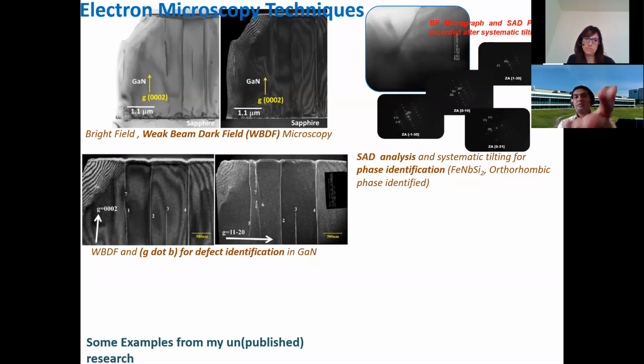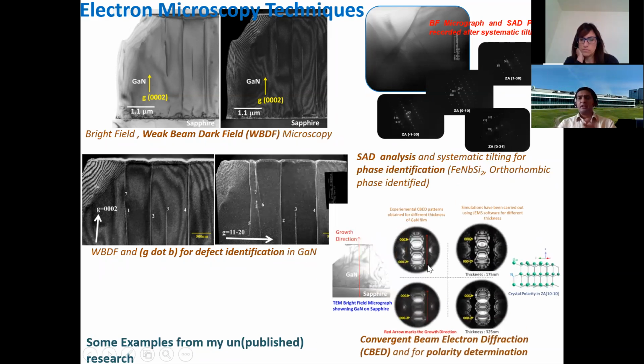This is one example where we were unaware of what we were looking at. We actually identified it to be an orthorhombic phase, in a high temperature coating material, using the selected area diffraction and systematic tilting that was carried out.